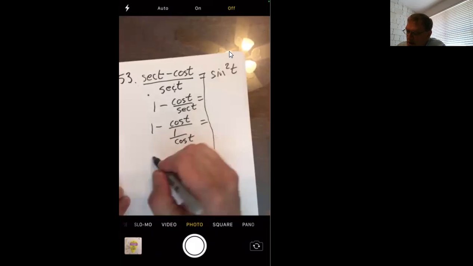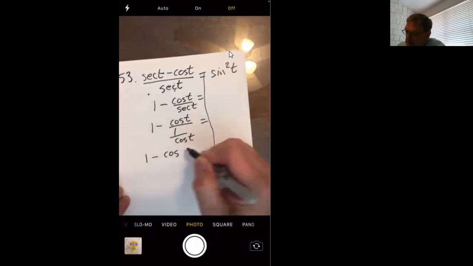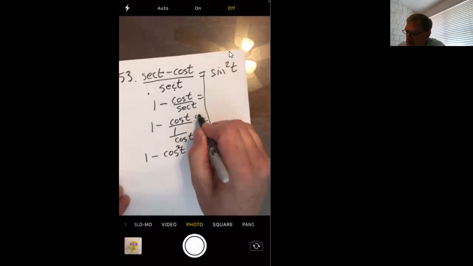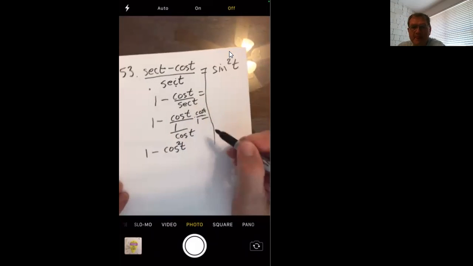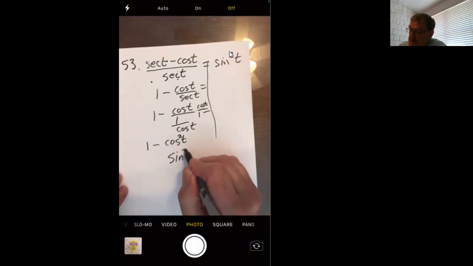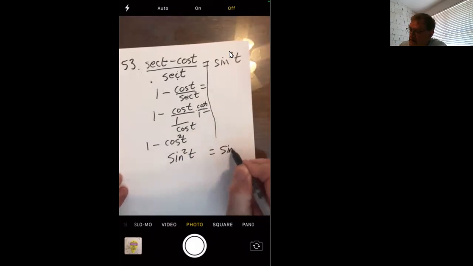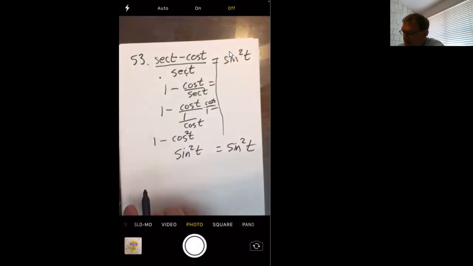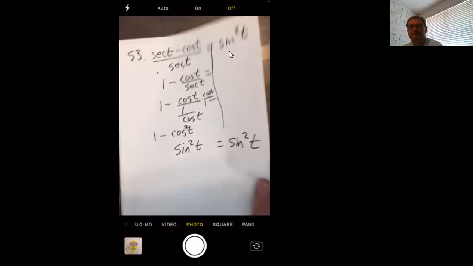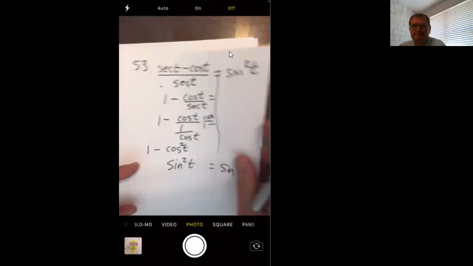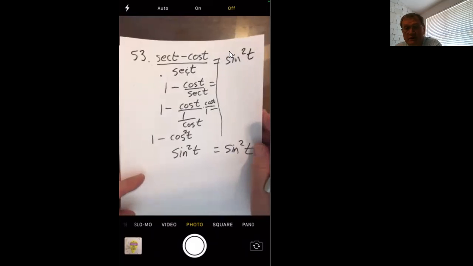You see that flips around, 1 minus cosine squared t, because it's going to flip around, times cosine t over 1. Well, 1 minus cosine squared t is sine squared of t, equals, on the other side, sine squared of t. Am I going through these too fast? I guess you could always stop the video and look at it.